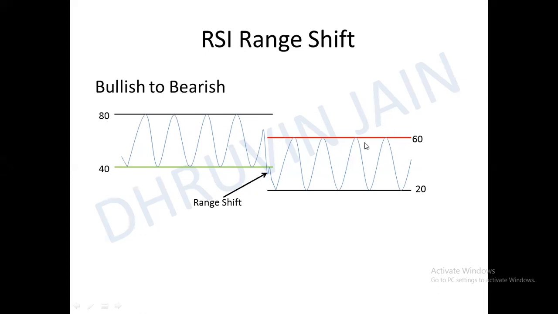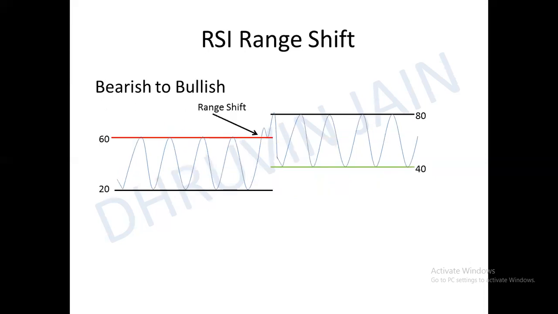For RSI, 60 acts as a great resistance. I won't say that for price. Price can go anywhere. Price and volumes can do anything. I am just emphasizing that for RSI, 60-20 will act as a great resistance. 60 will act as a great resistance.